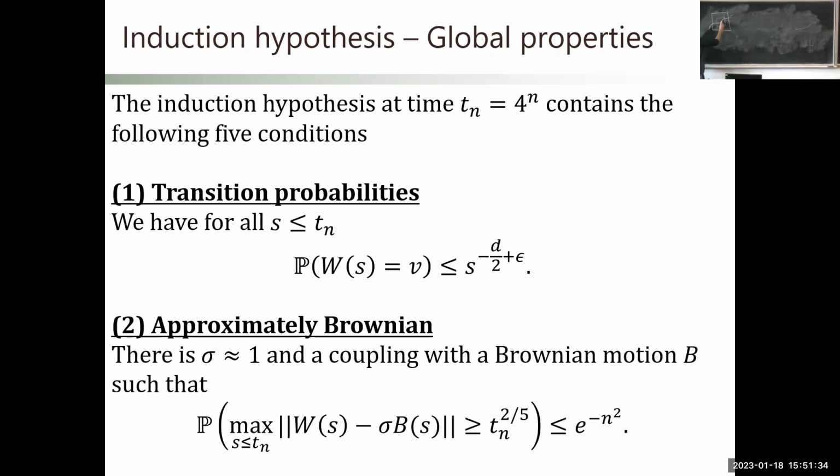So if the past of the walk does not spend too much time in each one of these bigger and bigger blocks around, then the future of the walk will have positive probability of avoiding the past. At least, of course, in 5 dimensions. In 3 dimensions, the past and the future of the walk will intersect with high probability. But in 5 dimensions, if you assume that the past is not heavy in each one of these blocks, then the future will not intersect it with positive probability.